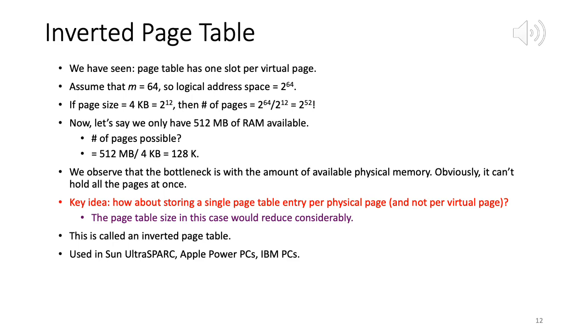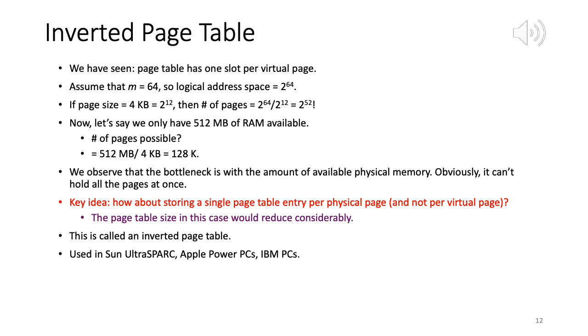So as far as the page table is concerned, it has one slot per virtual page. And we have discussed that if we have 64-bit addresses, the logical address space is 2 raised to 64 bytes, which is huge. And if we keep the page size as 4 KB, 2 raised to 12, how many pages do we have?